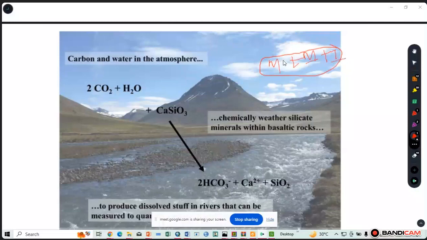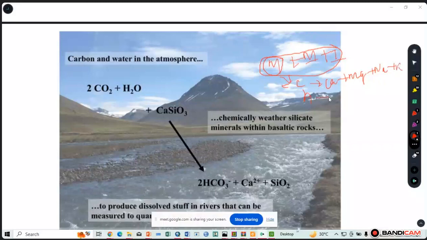In the major ions, you can find both cations and anions. In the cations, you can find calcium, magnesium, sodium, and potassium.